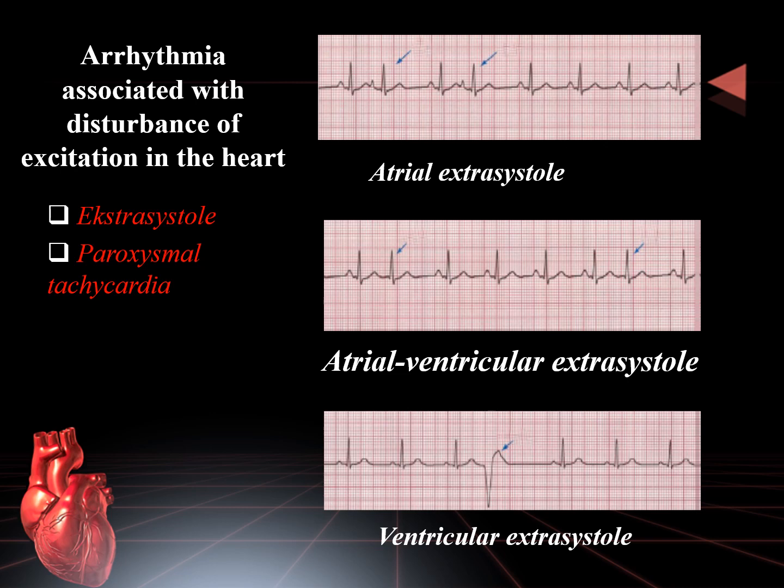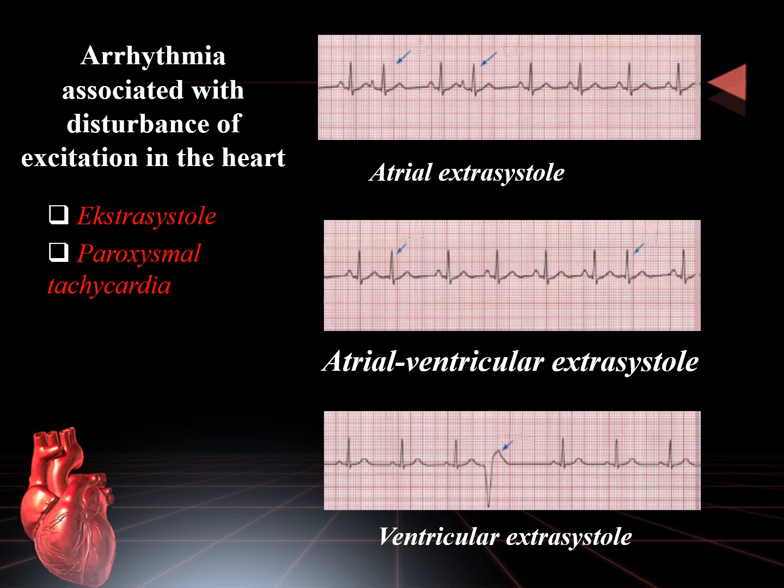Arrhythmias associated with impaired excitability in the heart muscle include extrasystole, premature contraction, and paroxysmal tachycardia. Extrasystole is an extraordinary contraction of the heart or a certain part of the heart.